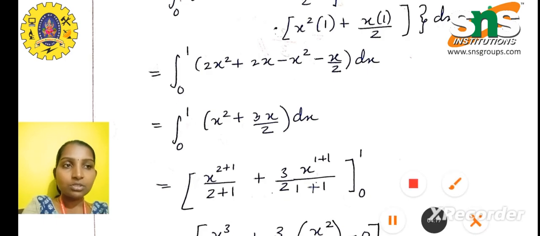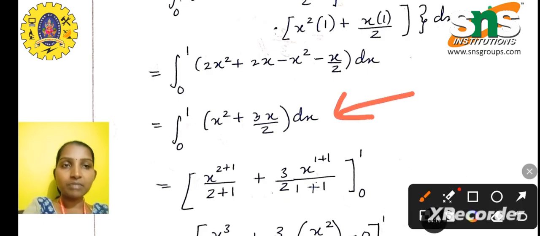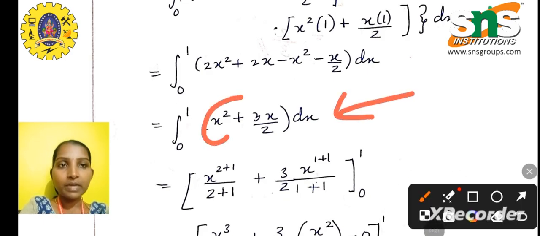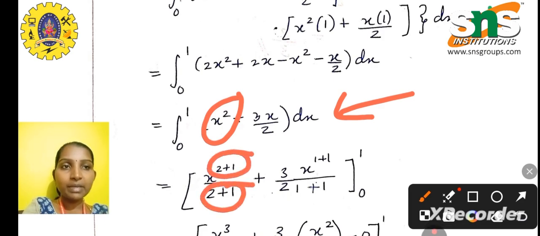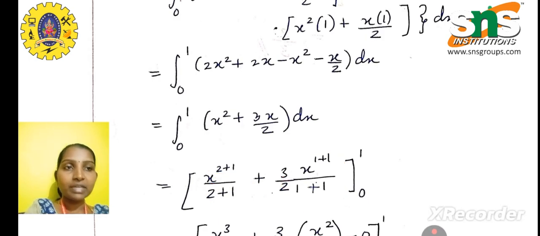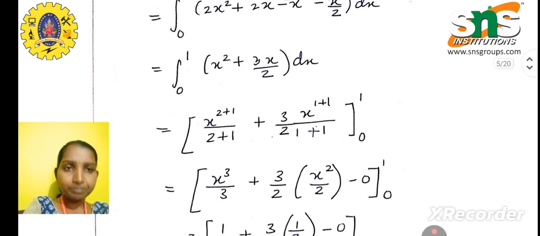Now this is as usual integration with a single variable. What is the integration of x squared? It is x to the power 2 plus 1 divided by 2 plus 1, plus 3 by 2 into x to the power 1 plus 1 divided by 1 plus 1. Simplifying, the value is x cubed by 3 plus 3 by 2 into x squared by 2, minus 0.